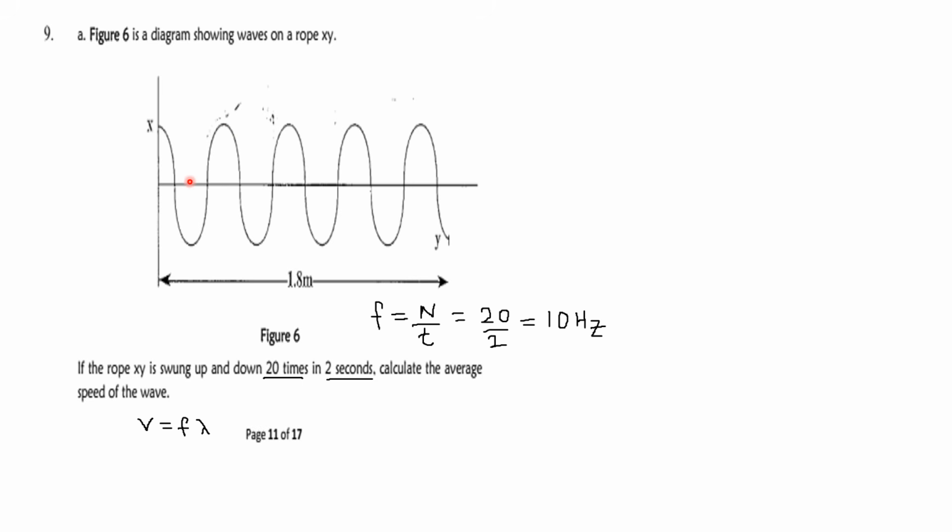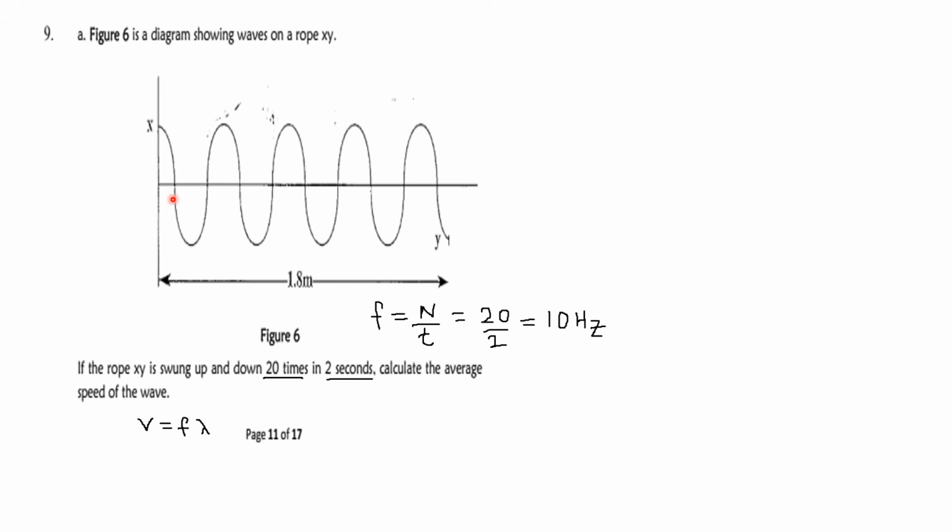It can be from here to this point, because these 2 points are in phase with each other. They're identical points, or you can also do the same here.